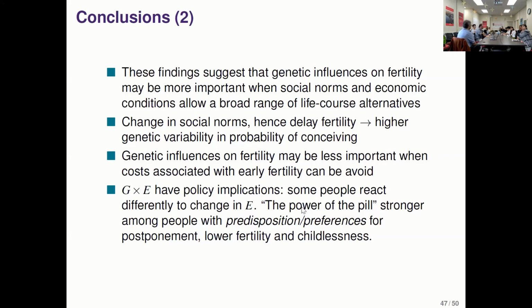But we did a bit of analysis with men, and we see an effect of the pill availability also for men, for age of first sex and childlessness in particular. But it's much lower than for women. This gender difference, I think, is quite interesting.